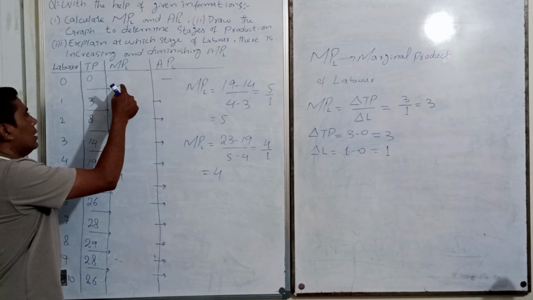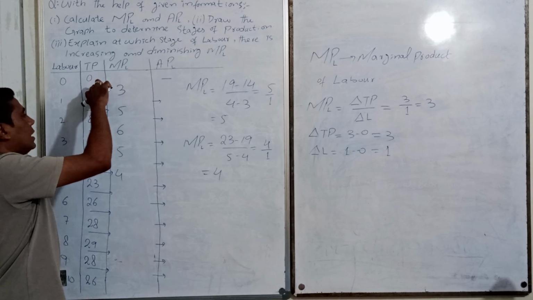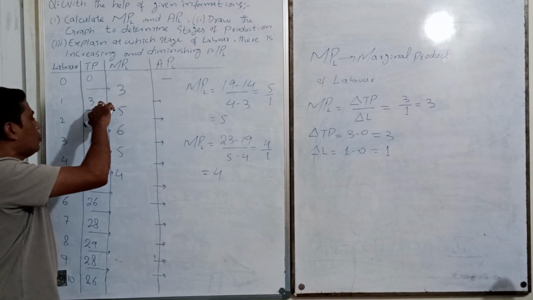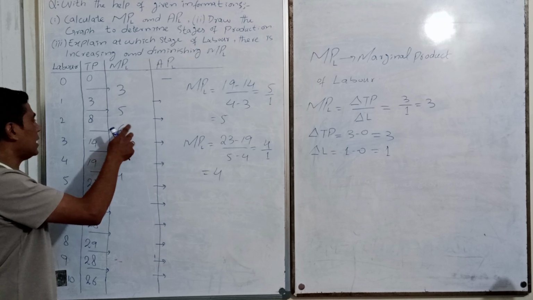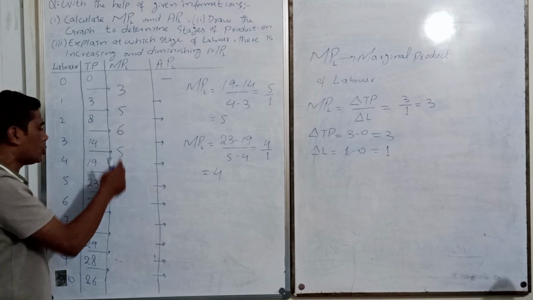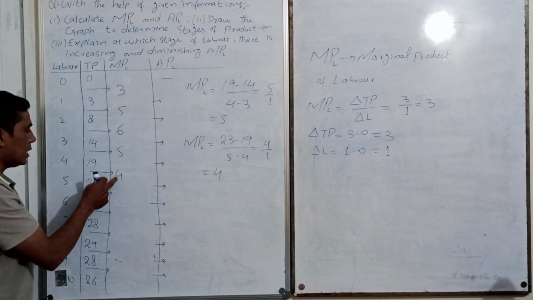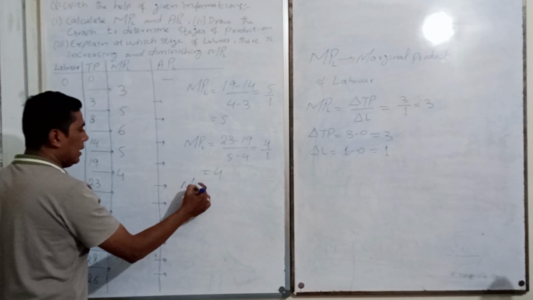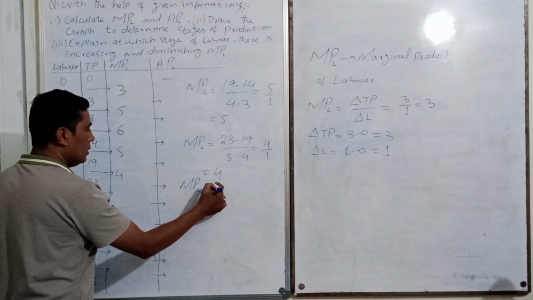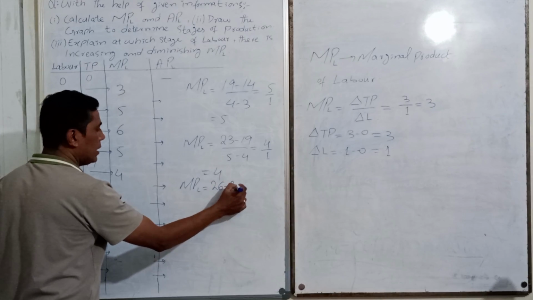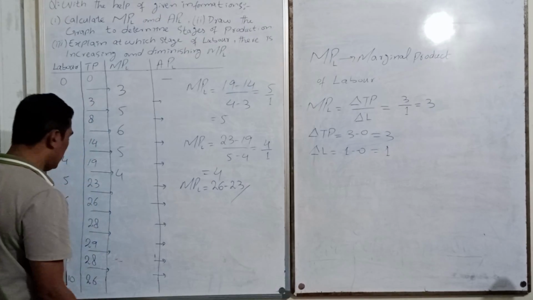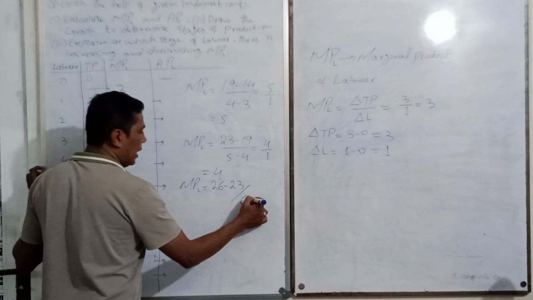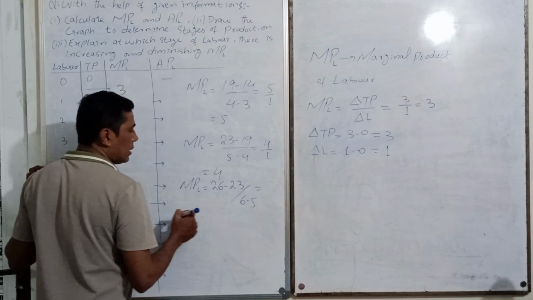I am calculating 3 between these two consecutive values, again 5 between these two consecutive values, 6 between these two consecutive values, and so on. My next answer is 4. Now next I can calculate here MPL: 26 minus 23, 6 minus 5.